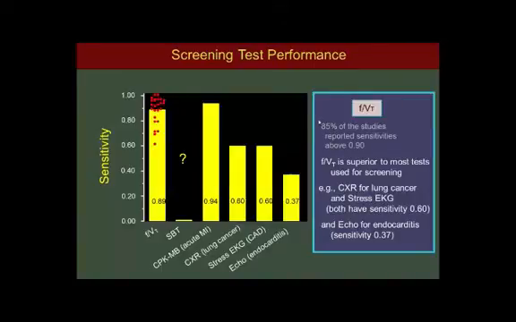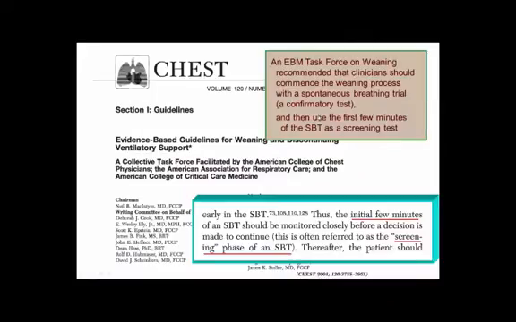And for whatever field you are in medicine, you need to know the sensitivity of the main tests that you're using. I mean, you won't know the sensitivity of the tests that a hepatologist uses, but you do need to know the sensitivity of the major tests that you're using in pulmonary critical care if you're to apply them intelligently.